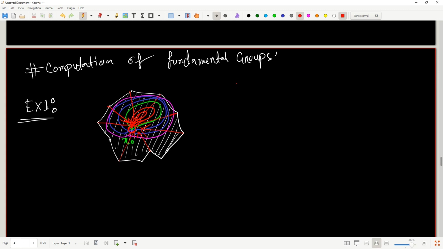So there is only one element in that equivalence class, and that is just the trivial loop itself. So there is only one element, which is just the trivial loop.